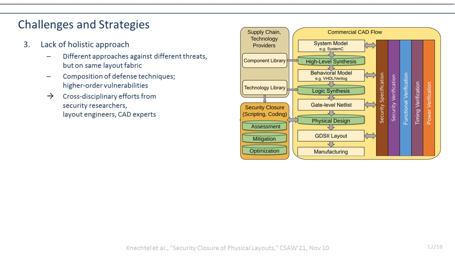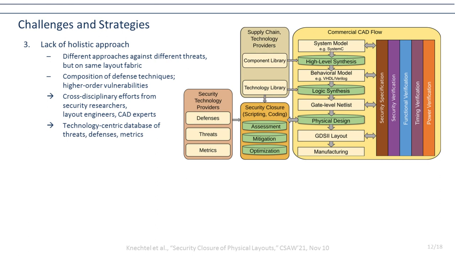So that means what we really need here are cross-disciplinary efforts from the security community, the layout experts, as well as the CAD users, to have accordingly holistic approaches. And what is of course also needed is a technology-centric view describing those defense means, but also the threats. And of course we need metrics to guide the design tools.